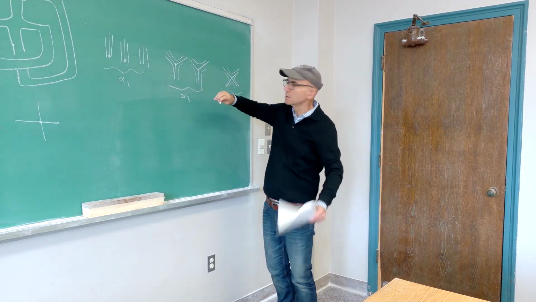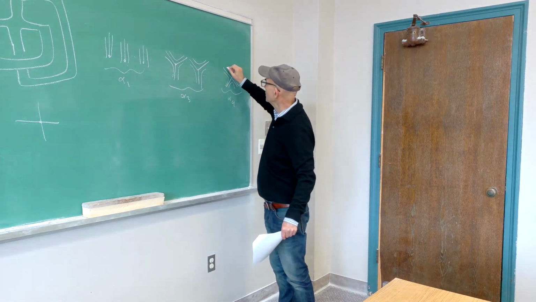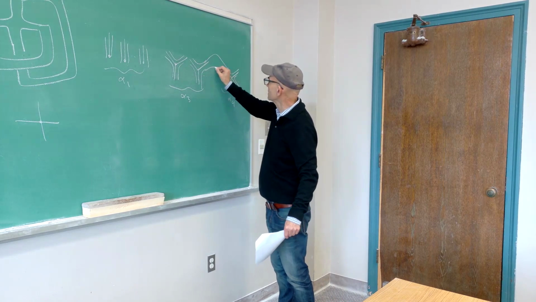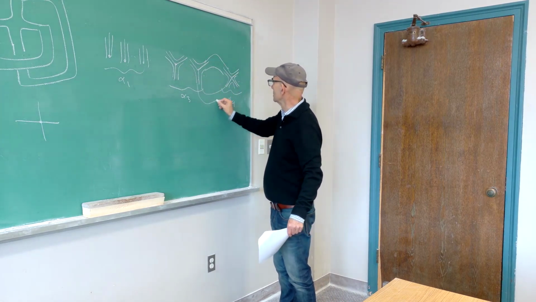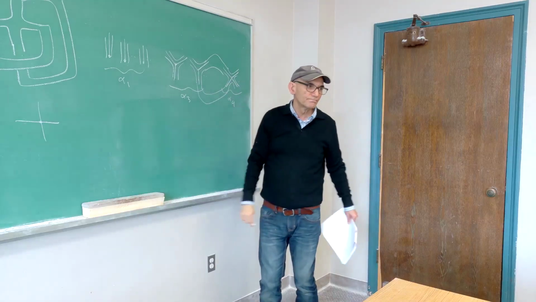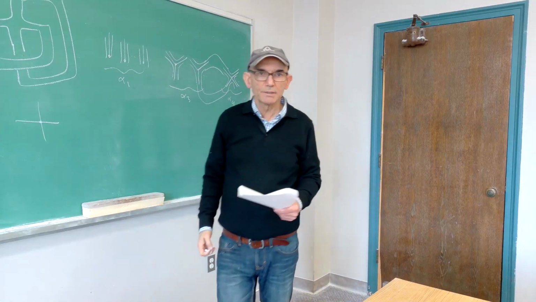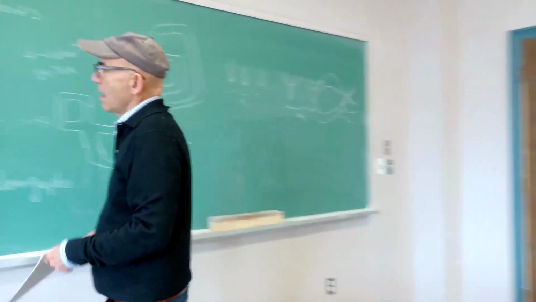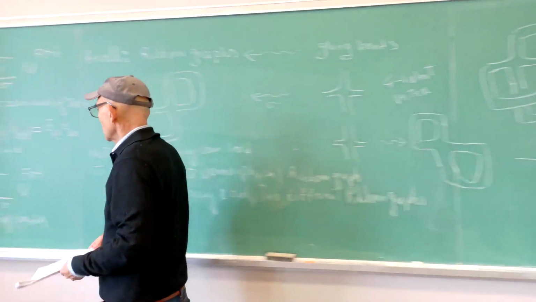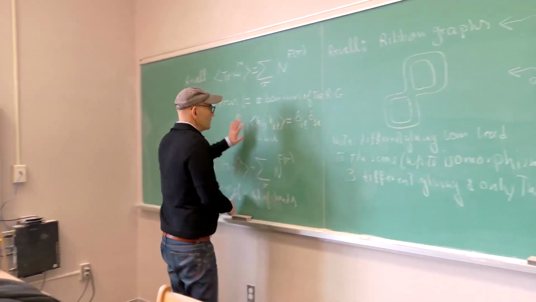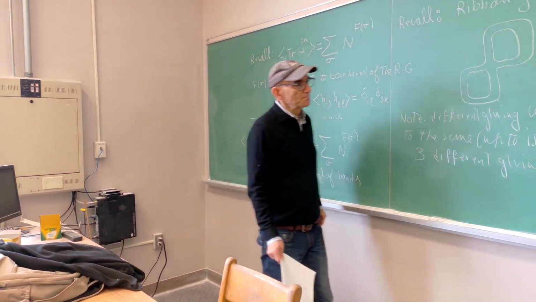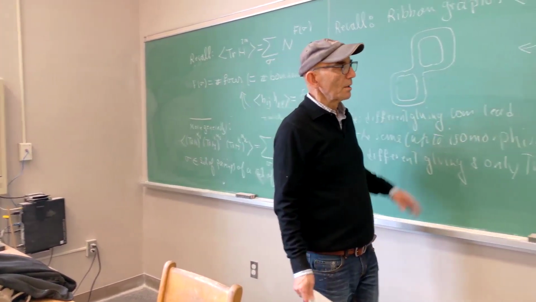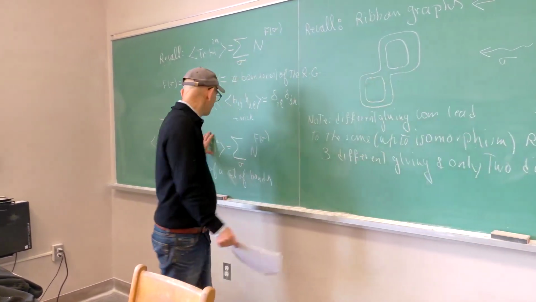So for example, here you want to pair these two things, you want to pair this, and so on. All possible pairings that you have. By the same argument, using the Wick theorem, you get this formula.